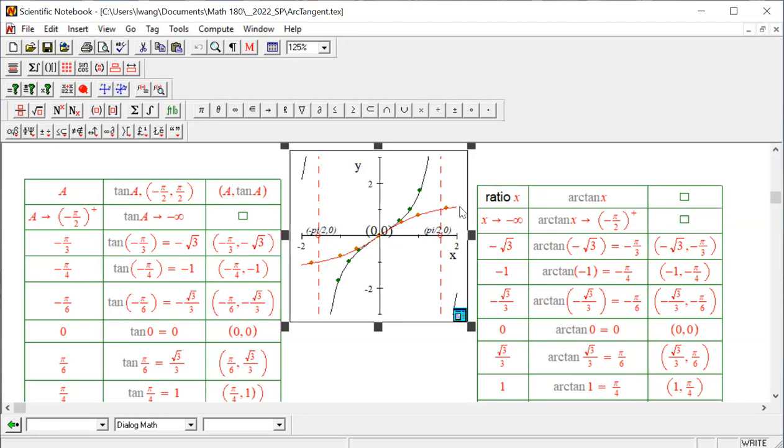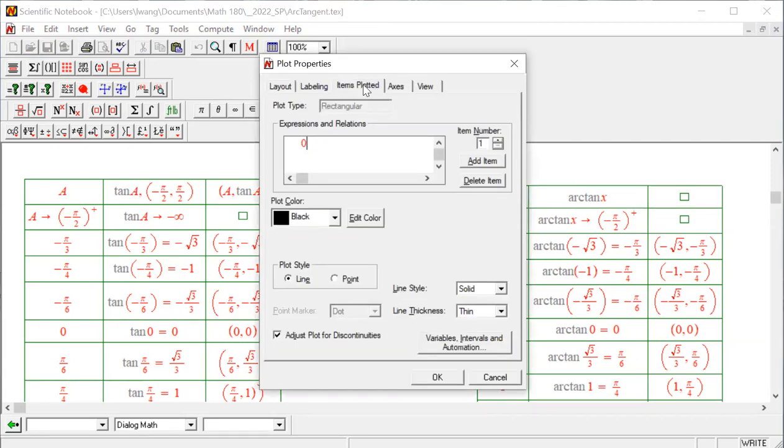It's actually going in this direction very far away, but they're bounded by π/2 on the top and -π/2 at the bottom. So they have horizontal asymptotes.